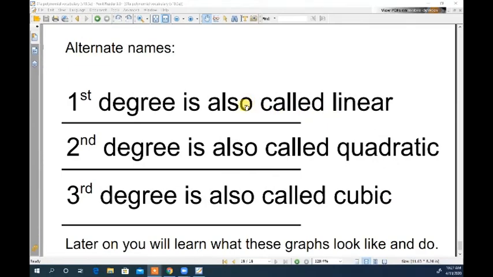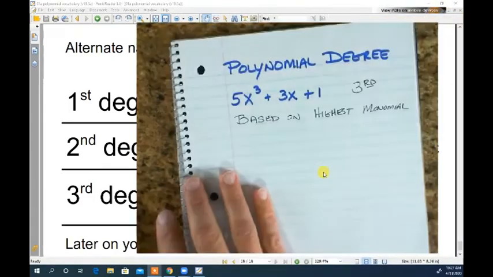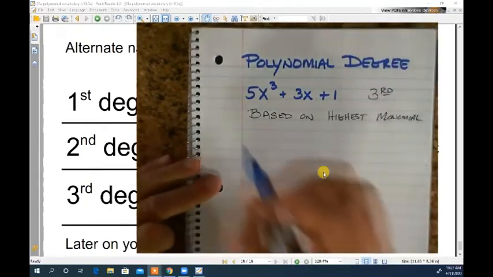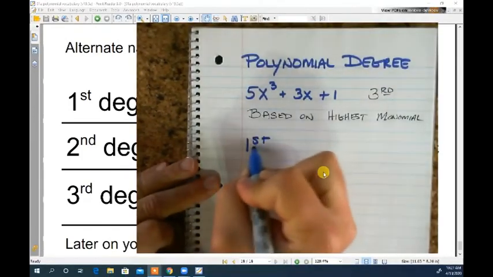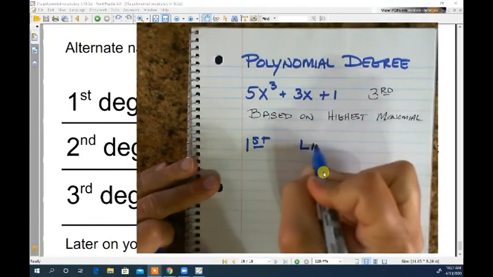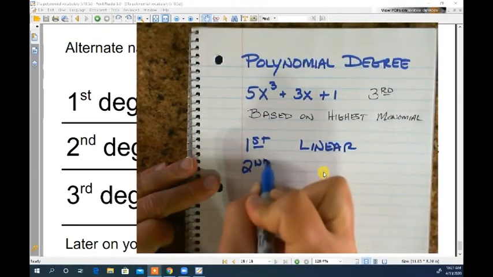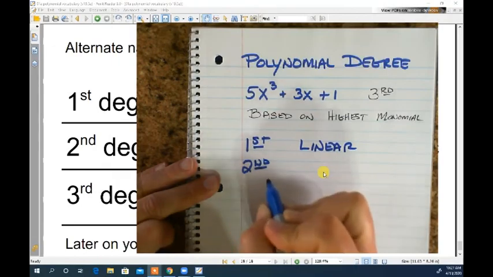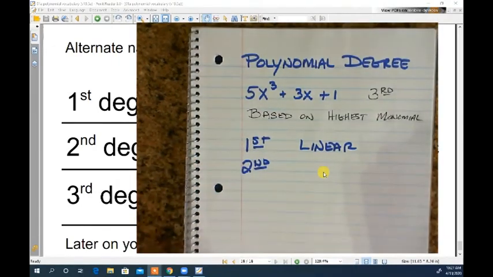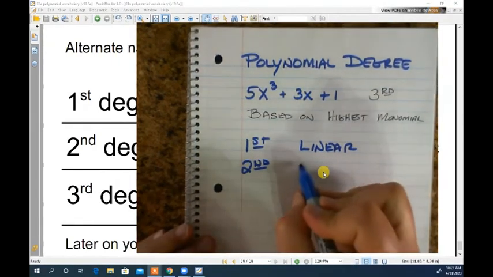A first degree is also called a linear. A second degree is also called a quadratic, and a third degree is also called a cubic. Let's get those into our notes. So first degree, second degree is called a quadratic.